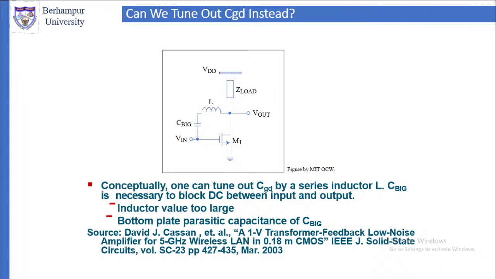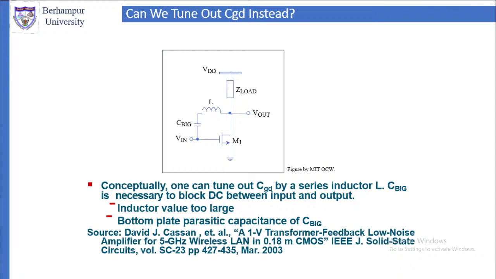And then the next question is, instead of doing that, can you tune out the CGD? Instead of using CN, can we tune out the CGD instead? Conceptually, you can do that by a series inductance L. CBIG is necessary to block the DC between input and output.